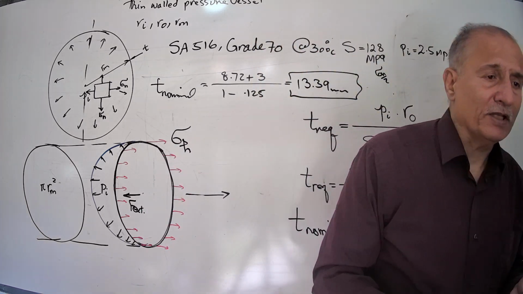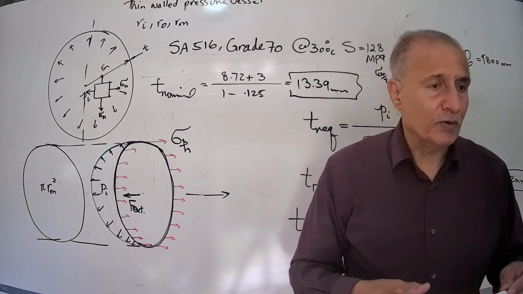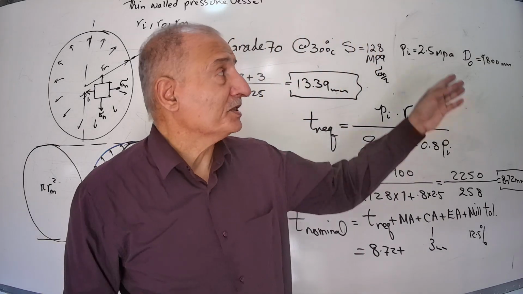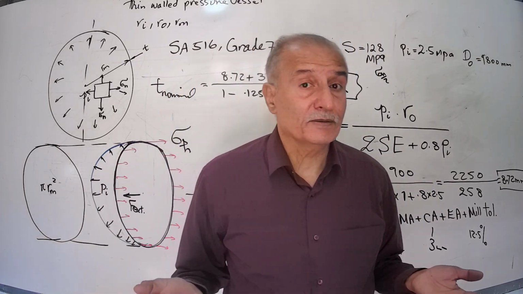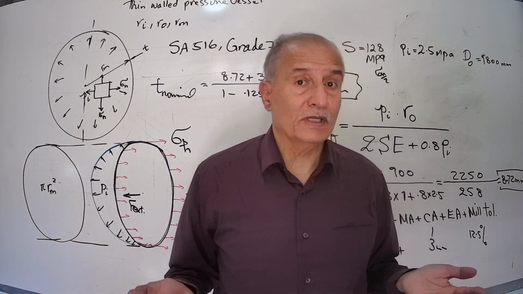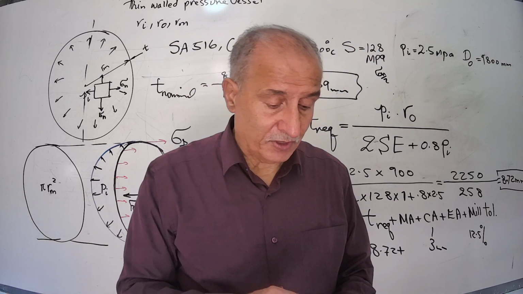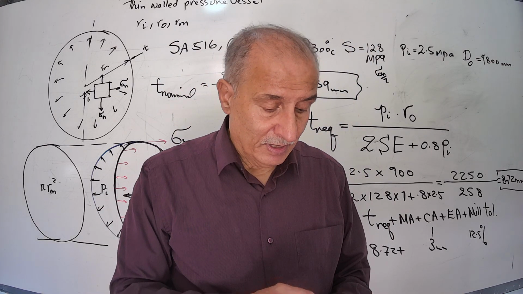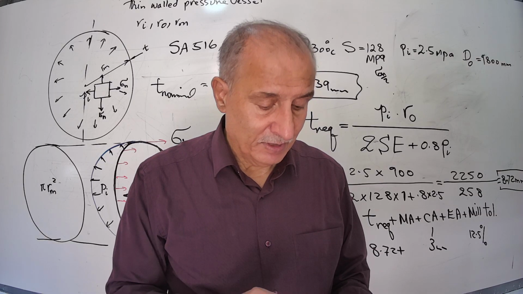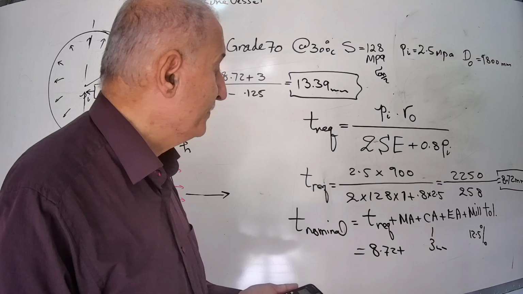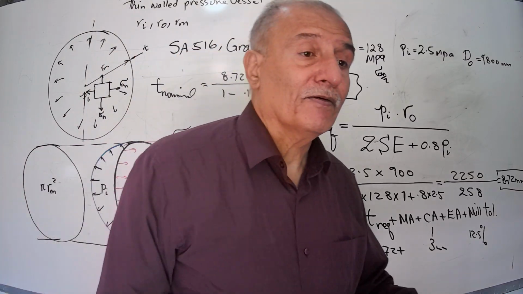Do we have this plate in the market? No. We must go and find nominal size plates in the market with this specification, maybe 15. Maybe 15. And if you multiply 15 by 0.125 and subtract from 15, it is 13.12. That is the standard value that we have here.